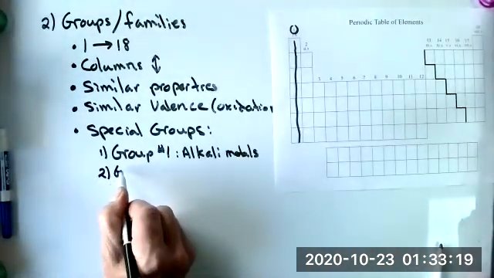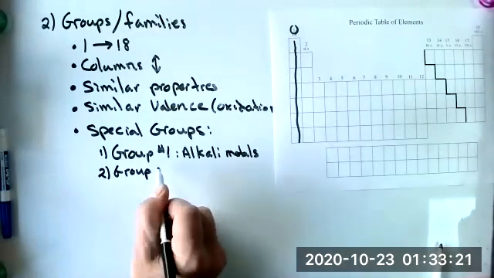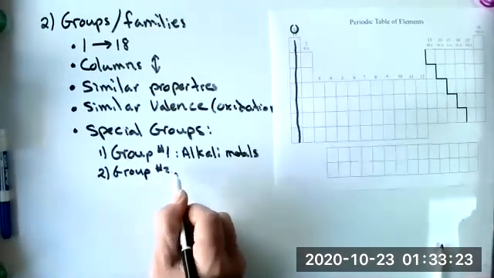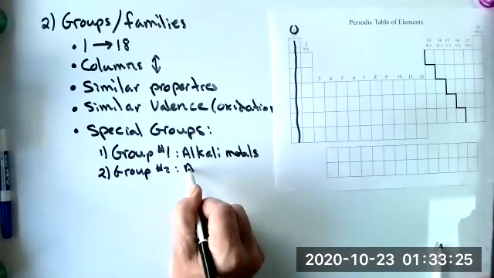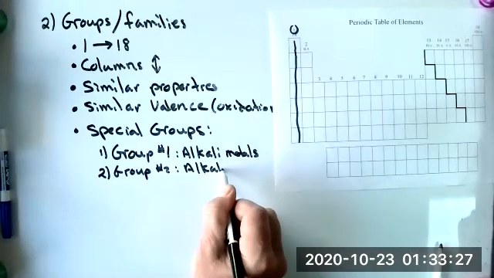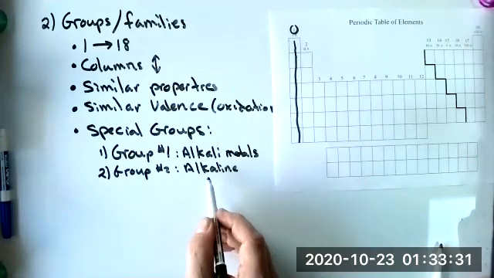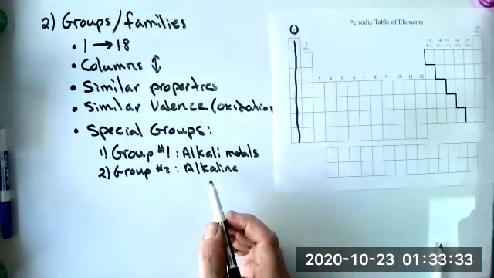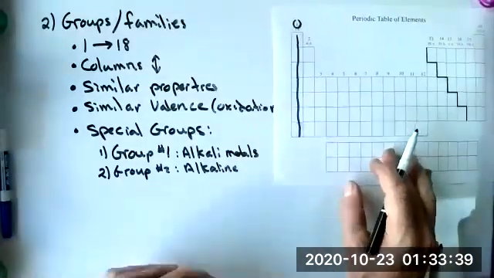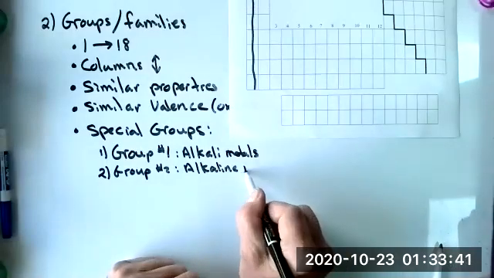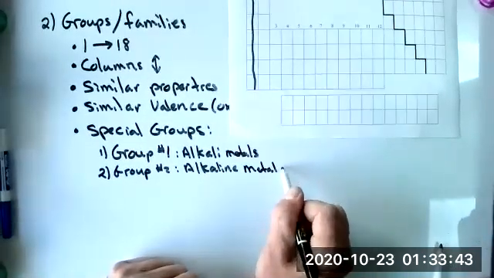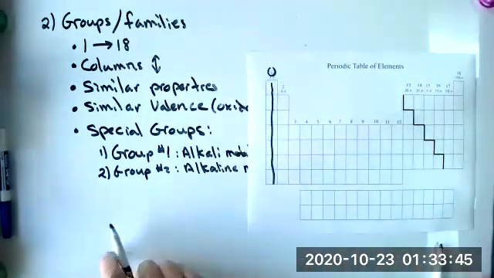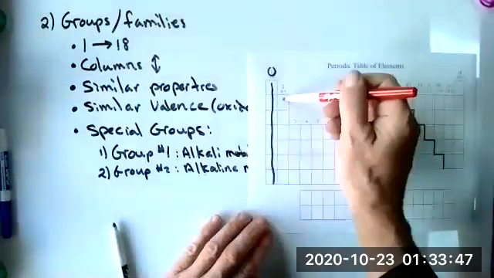Next group is the group right next to it, group 2. They are called alkaline. I know, it's really close. It's like, God, can you please use a completely different word? Sorry, man. Alkali, alkaline. Yes, they are metals. Okay, where are they? They're right here.